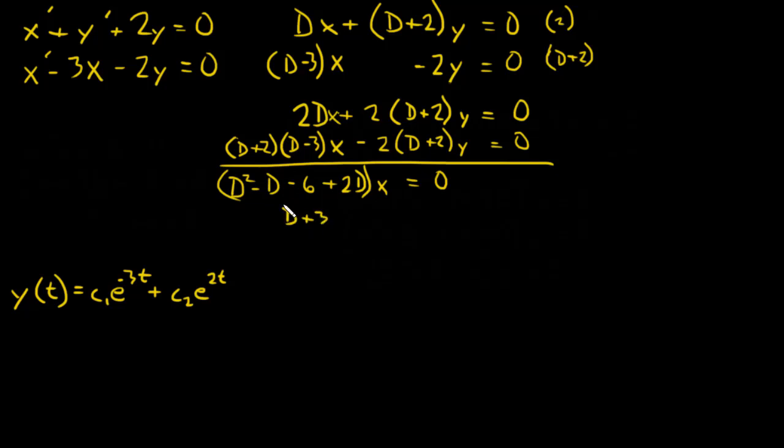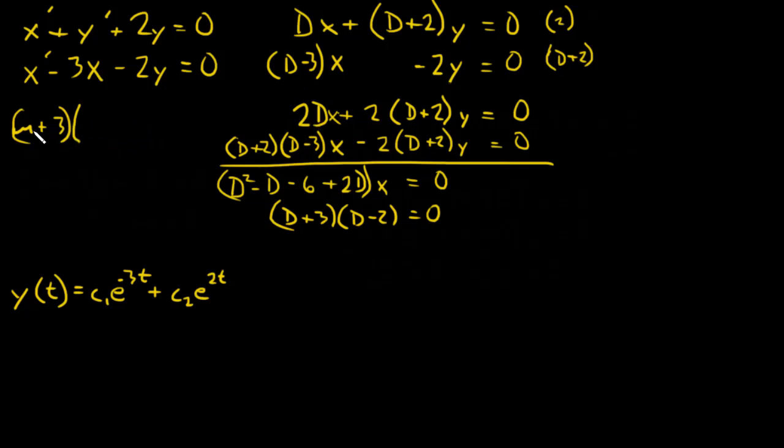D plus 3 times d minus 2. And you can do the auxiliary if you want to, be very consistent. But the m's and the d's are exactly the same thing. It's whatever you feel comfortable with. A lot of the books will not use the differential operator to do the factoring for the solution.